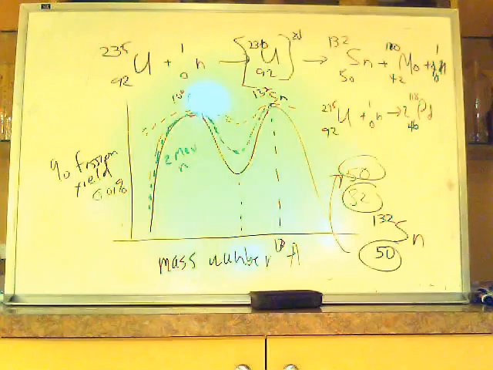But again, getting back to this table 8.1, the nuclides listed here are 3 uranium isotopes, plutonium-239, and thorium-232. The 3 uranium isotopes are 233, 235, and 238.